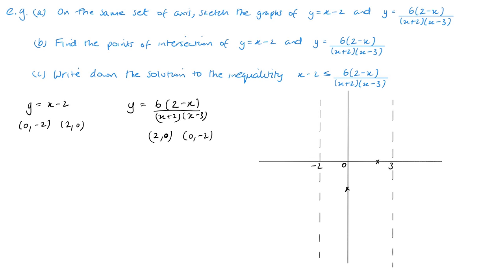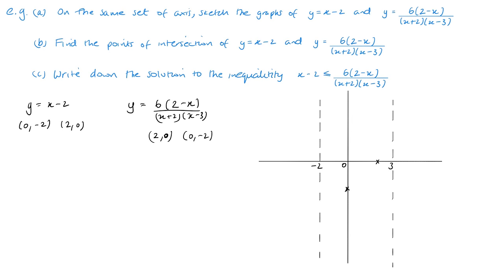Okay, when I look at very small values like say 3.1, now if I put 3.1 in here, we'll have 1.1, so 6 times 1.1 is 6.6.